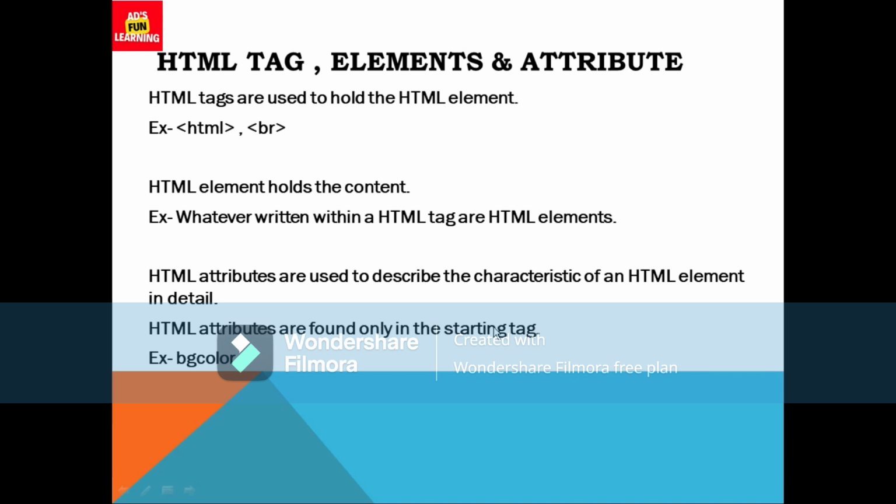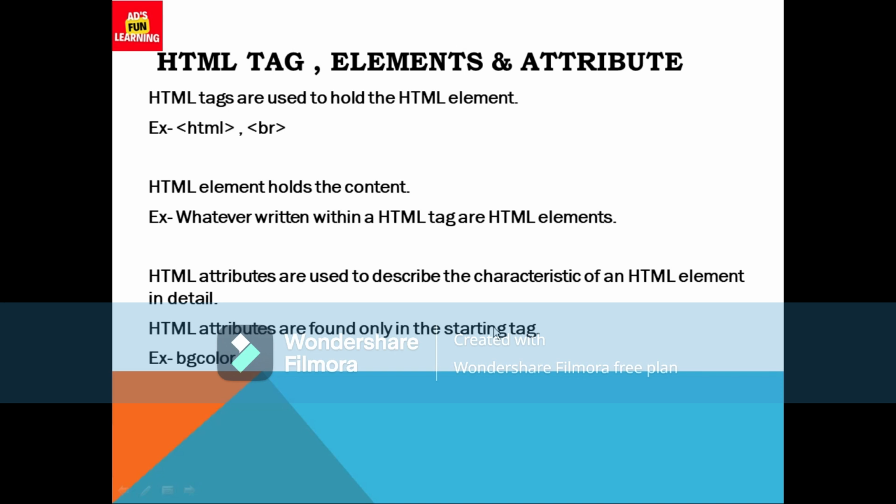So what is the body tag? Whatever we write under the body tag is going to come in the body of a particular web browser. So if we write it simply like body and under that we write something, that is going to come on the screen.